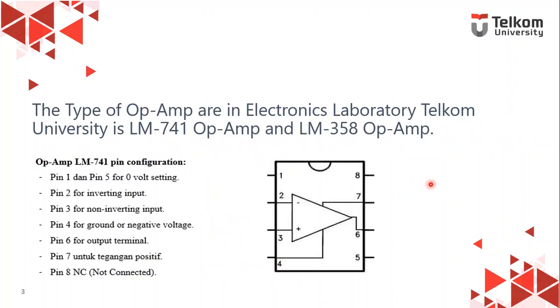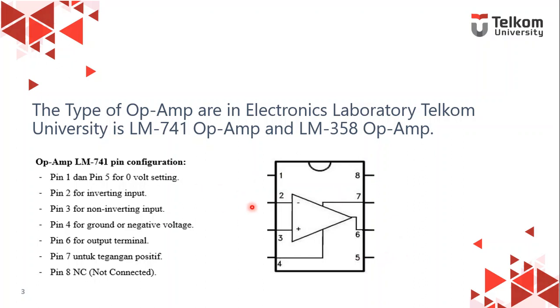In Electronics Laboratory Telkom University, we usually use LM741 op-amp and LM358 op-amp as a type of op-amp. As we can see here, this is the LM741 pin configuration. The first pin and fifth pin is for 0-volt setting.